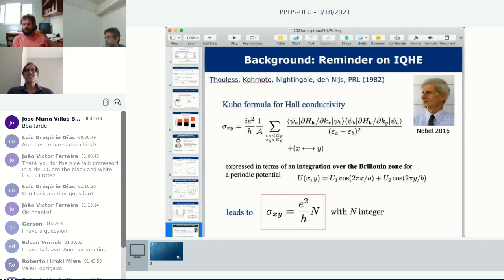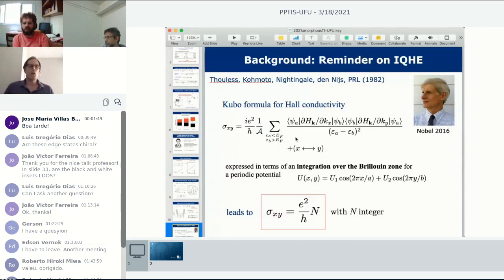So he insisted on having a different kind of explanation, and he wrote with Komoto, Nightingale, den Nijs this important paper where they explored the Kubo formula, wrote the whole conductivity using the Kubo formula, and simplified everything they could. They considered also a periodic potential, which people criticized at the time because it wasn't realistic.